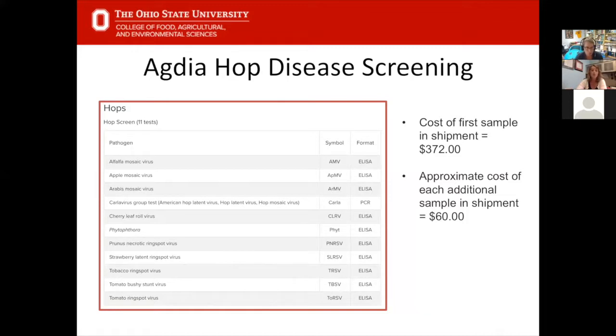But they will screen for the various viruses that are listed here. And if you look here at the carlavirus group test, again, these are usually all together in a mixed infection, so you can see that that's considered one test.